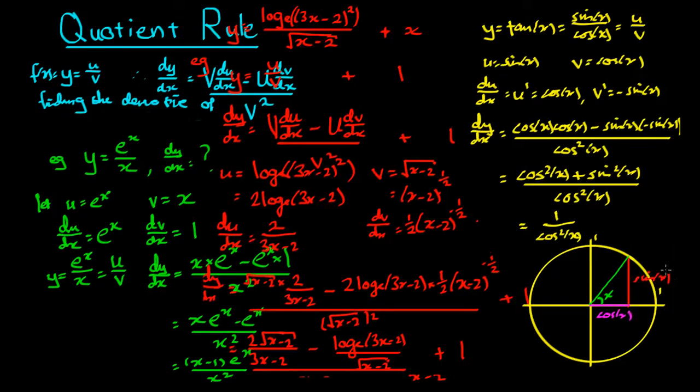And according to Pythagoras, the square of this side plus the square of this side is equal to the square of this side, and this side is equal to 1. So sine squared x plus cos squared x is equal to 1.